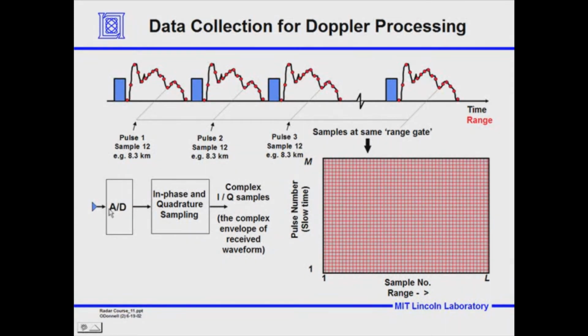They have voltages going up and down, and after they come through the receiver, they go through an analog to digital converter, where we sample them one at a time. Metaphorically, think we grab the pulse, see how big it is, and we store digitally what the digital number is of how big that is.